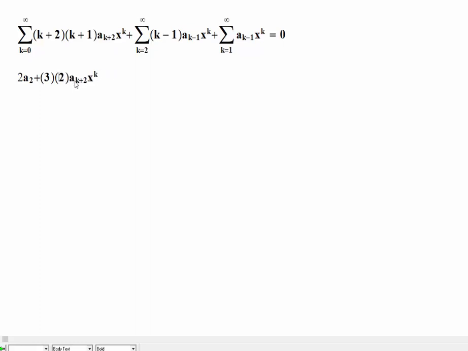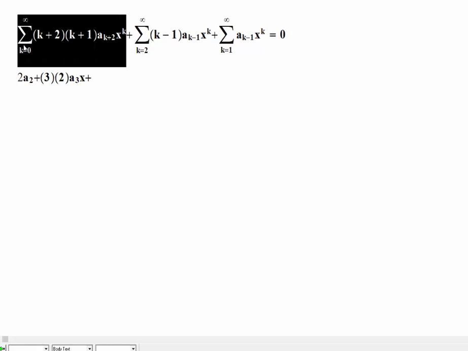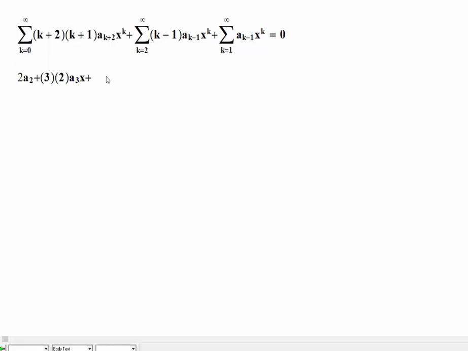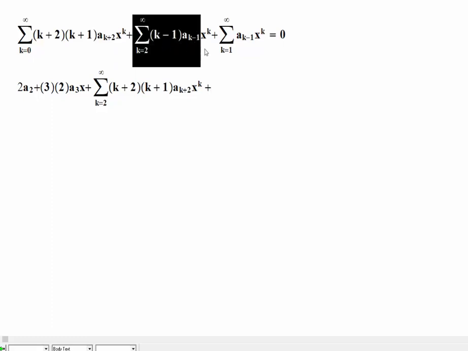So 3 times 2, and we have k equals 1, so this will become a sub 3, and k is 1, which means we will have only x here. And then the rest would be the same summation, the only difference being that now we are starting this summation from 2. Now for this one, it's already starting at 2. What we did was go to the highest of these three starting points.